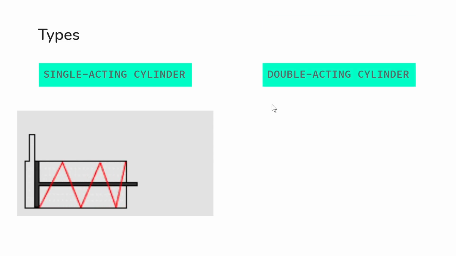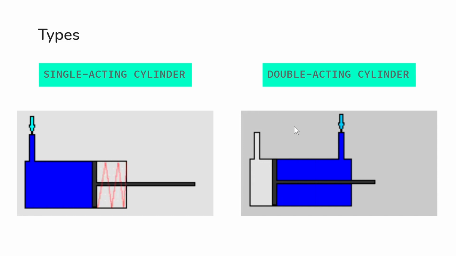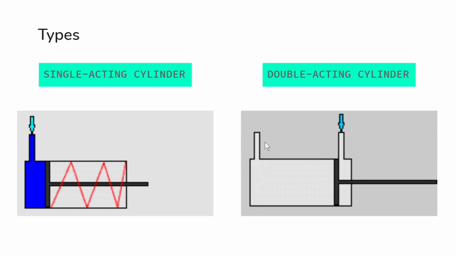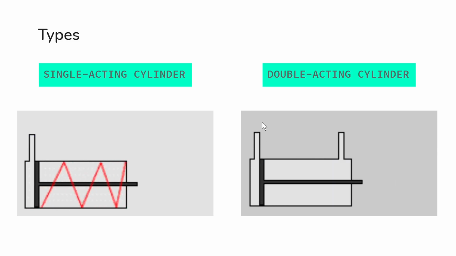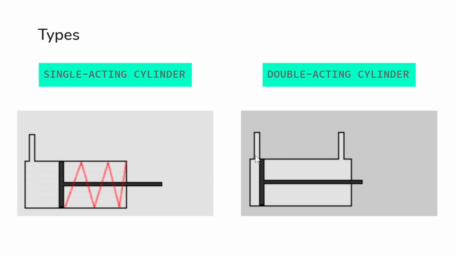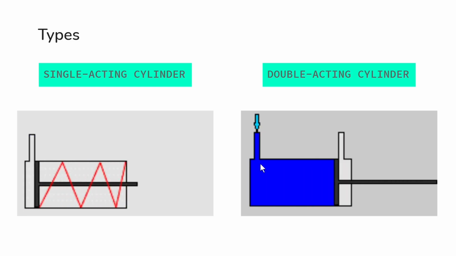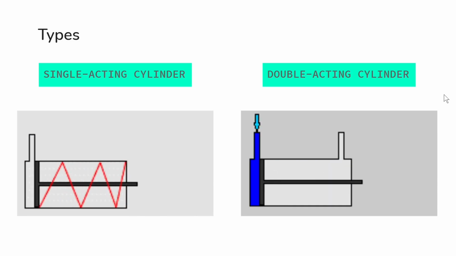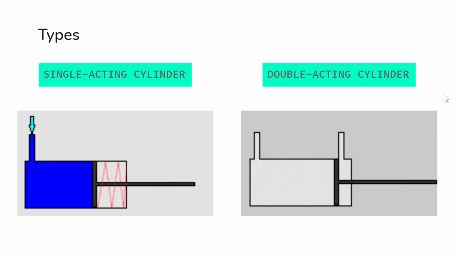But in double acting cylinders we don't have any spring. We have two ports. When we pass compressed gas through this, it gets extended, and when we pass through this, it comes back. This is how these cylinders work.